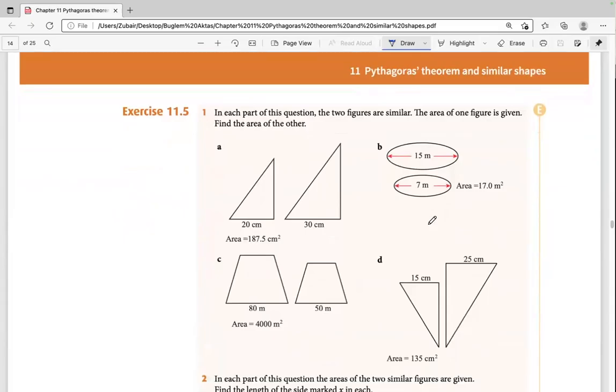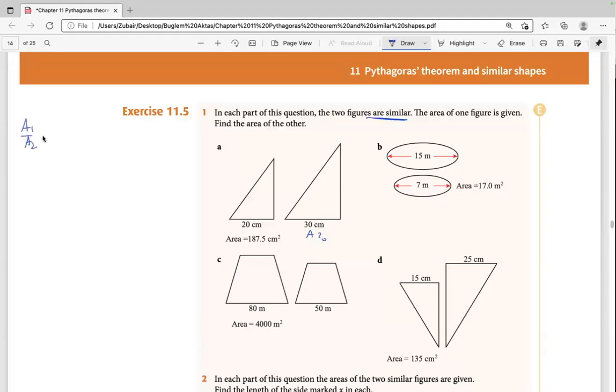In each part of the question, the two figures are similar. This is always relaxing when it is given, we don't have to check for that. The area of one figure is given, find the area of the other figure. So left-hand side area is given, right-hand side is unknown.